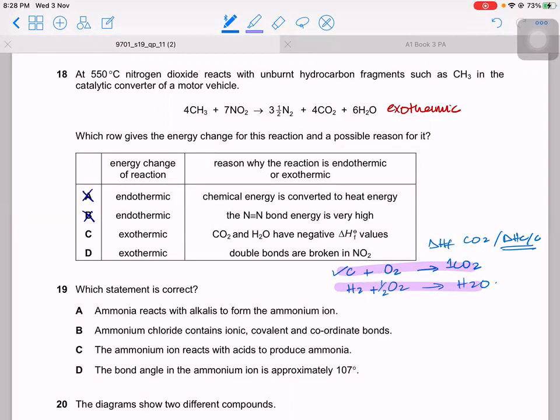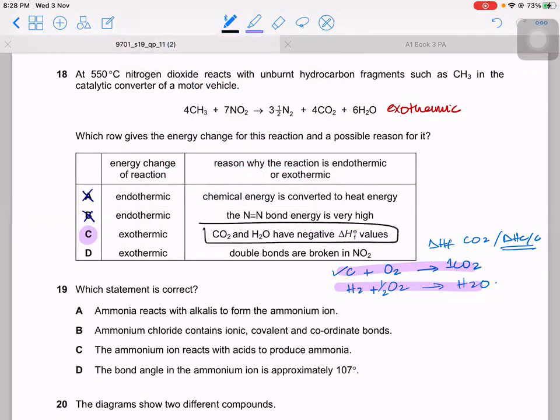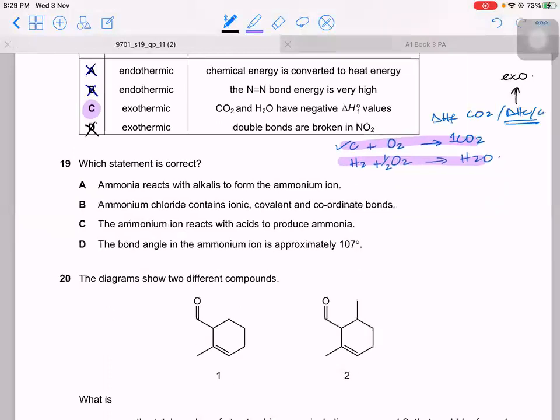And combustion is always exothermic. So formation of CO2 is the same as combustion of carbon, and formation of H2O is the same as combustion of hydrogen. So we can say their formations are exothermic. Therefore, the answer is C.